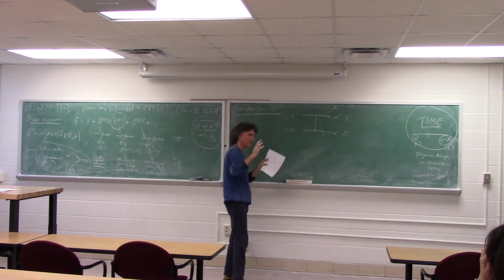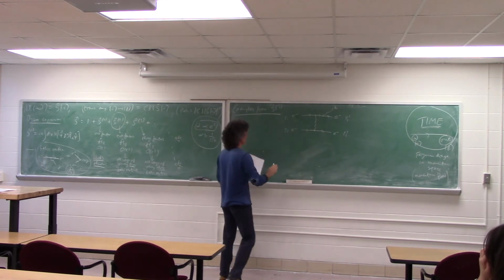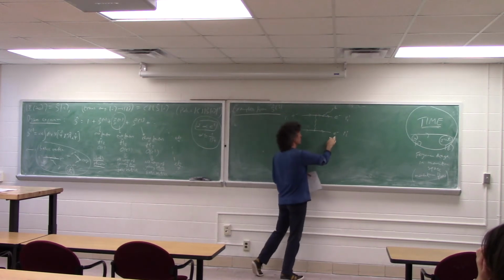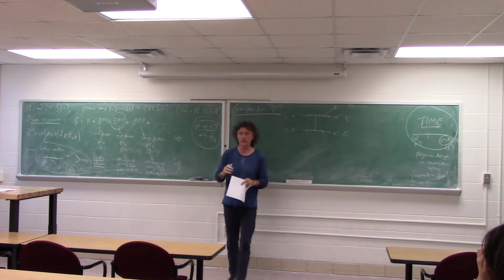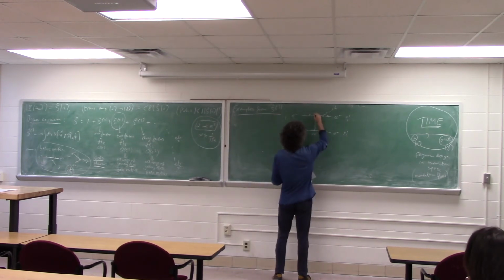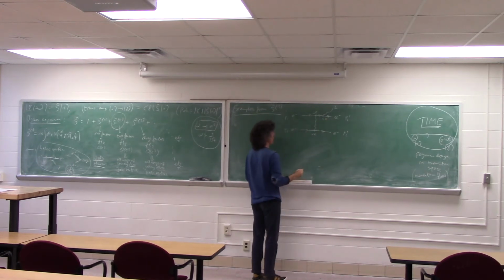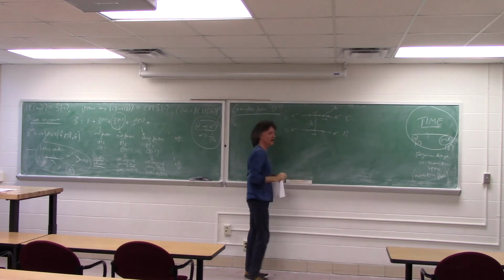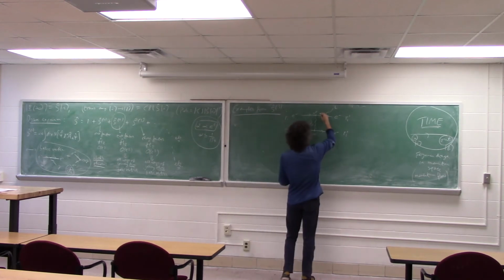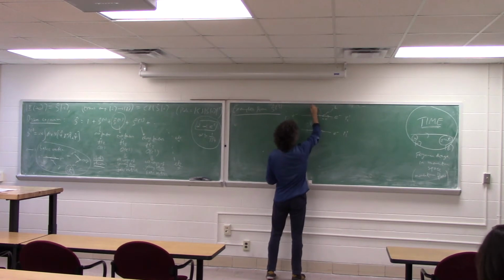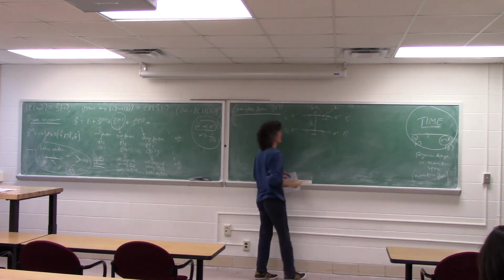Or if you don't want to think about an electron emitting anything, you just say the initial state has two electrons, the final state has two electrons and a photon. There are three vertices, each contributing a factor ie gamma. This internal photon line contributes a factor iD Feynman, and the internal electron line contributes a factor iS Feynman.